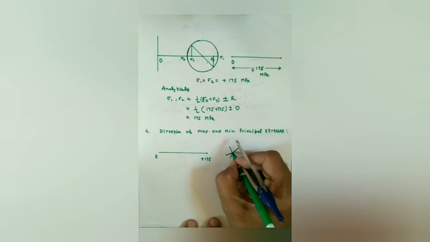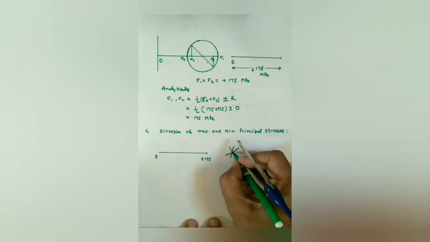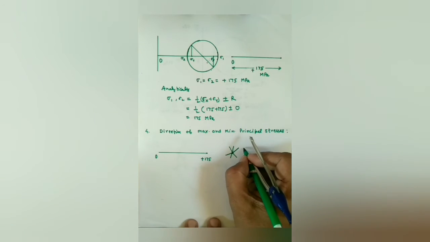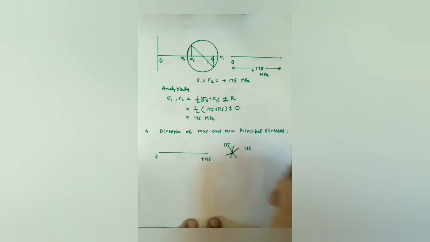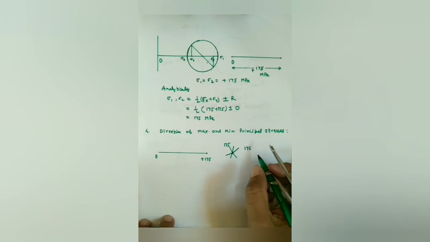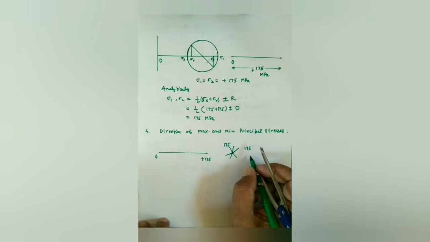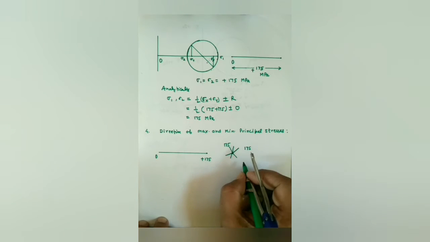But in this particular case, the planes in all directions carry the equal stress of 175. So all the planes are principal planes and the direction is in all directions.